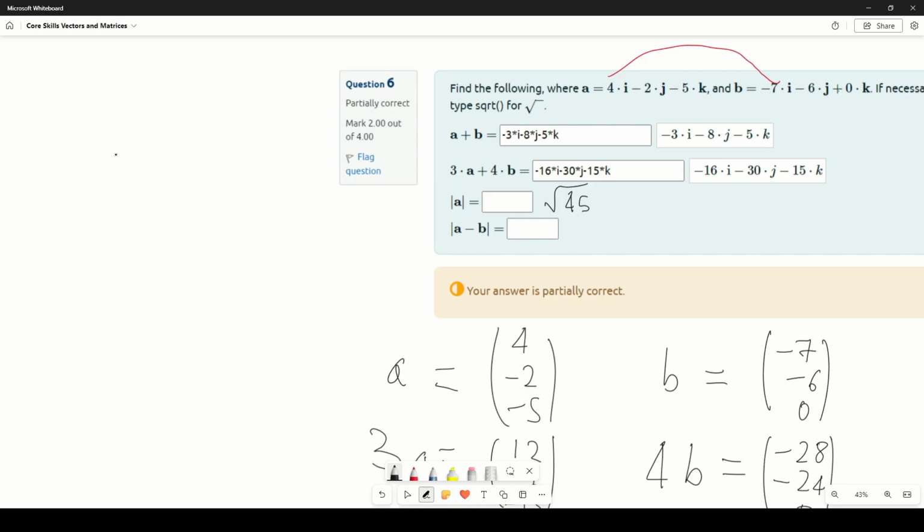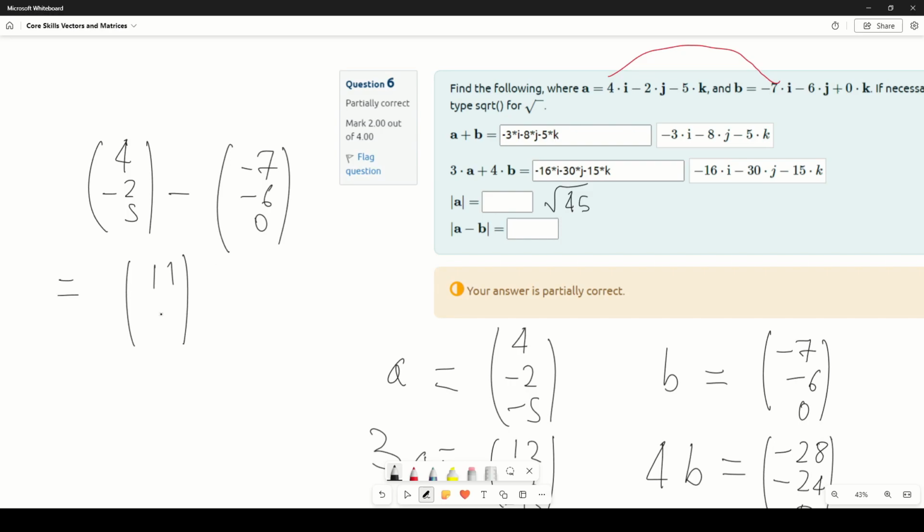So we're going to subtract the A and the B vectors. Now if we do this operation, we just get an 11, a 4, and a 5 because 0.